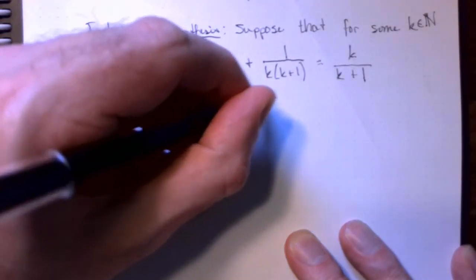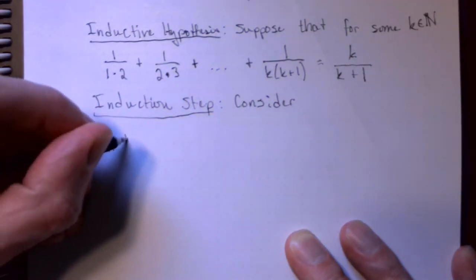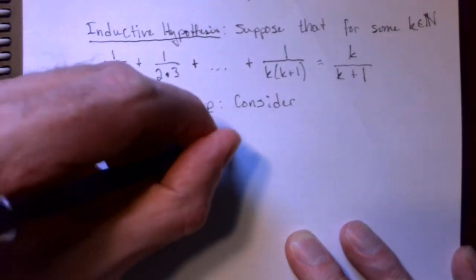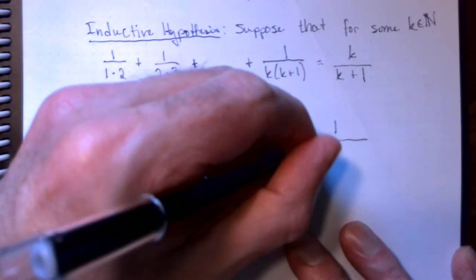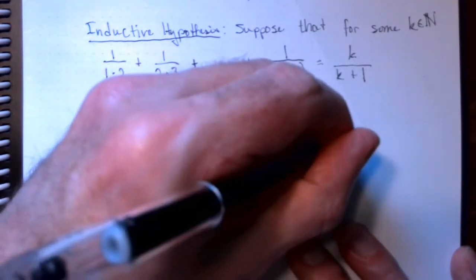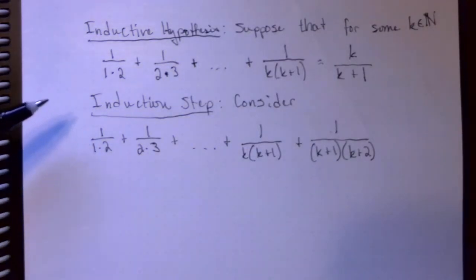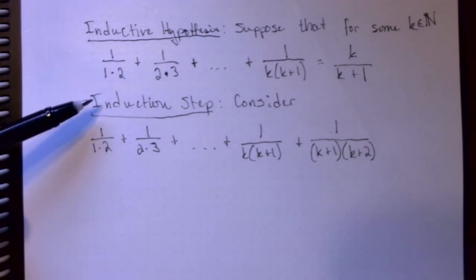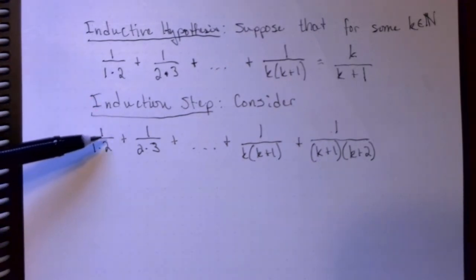So what we need to do is consider what happens when we look at this sum. All right, now you'll notice that there is always a relationship between the inductive hypothesis and the induction step.